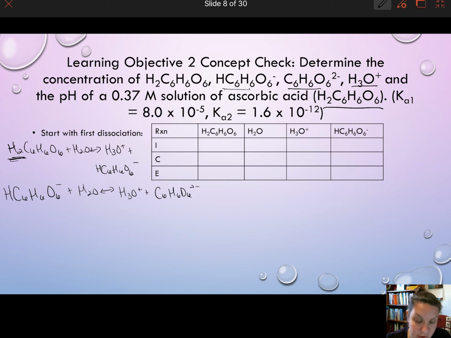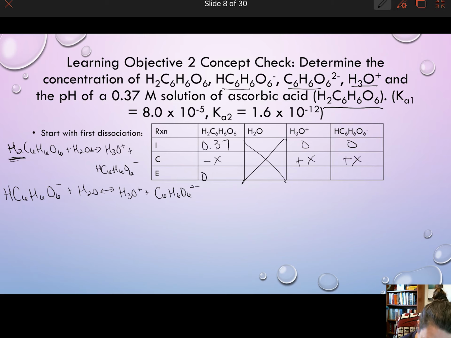So, let's look at our first dissociation. We have our ascorbic acid, don't care about water. We have our hydronium and our ascorbate ion. So we start out with 0.37 molar of our ascorbic acid and nothing on the other 2 sides, or with the products. So do minus x here, plus x, plus x.